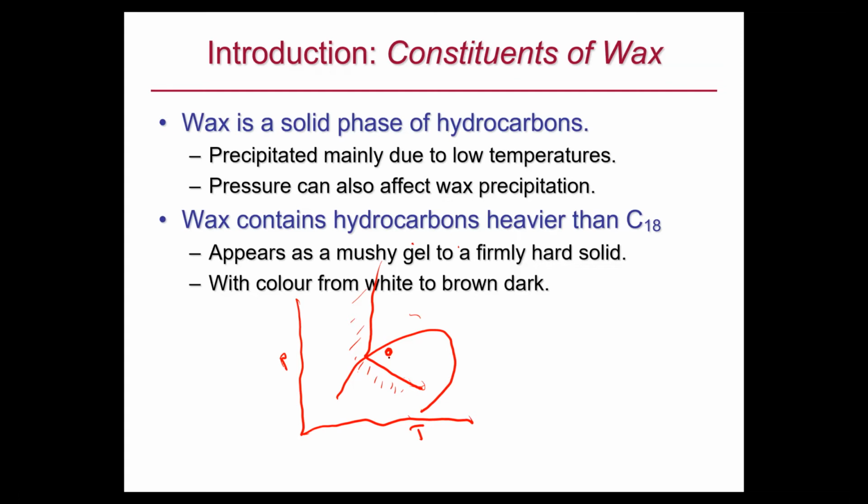So what the operator did was reduce the separator pressure. Remember, the pressure in the pipeline is a function of separator pressure. So if you reduce separator pressure, pipeline pressure will also drop and move inside the wax phase boundary.